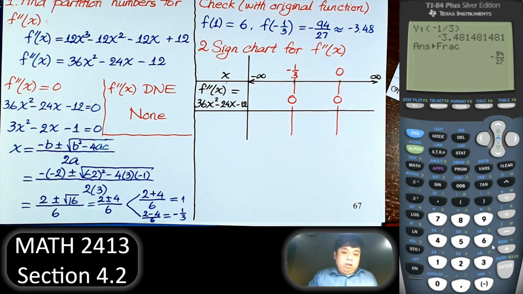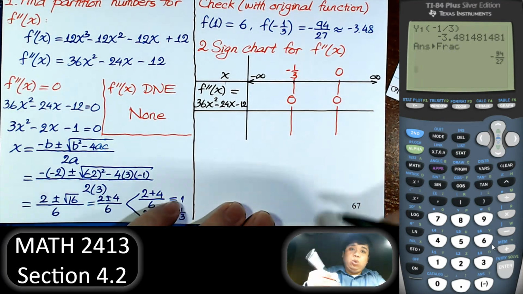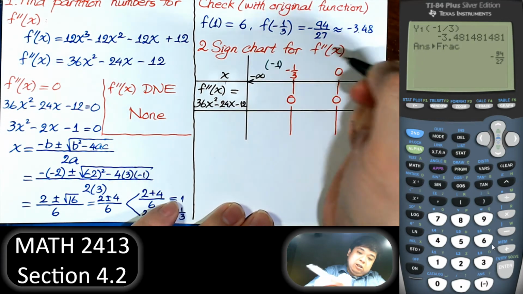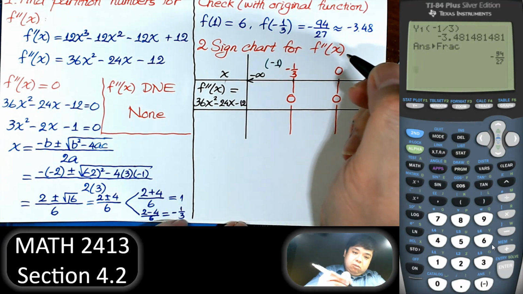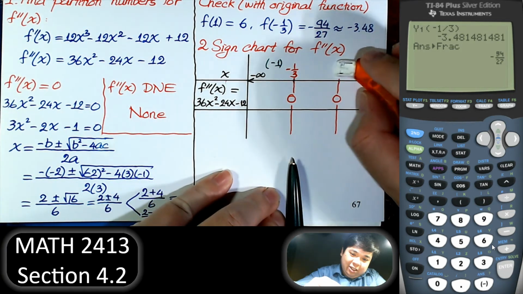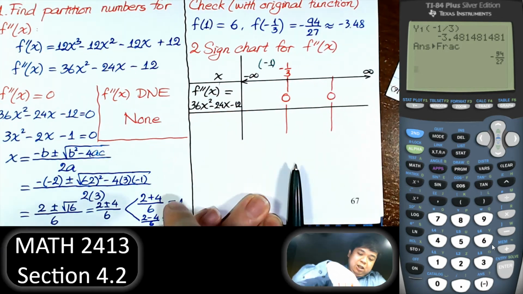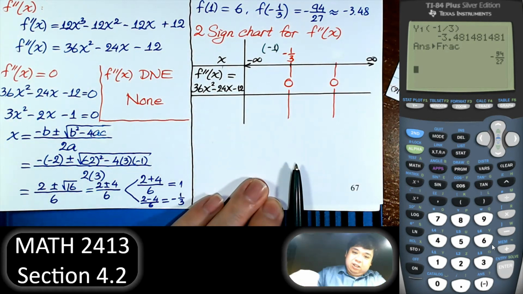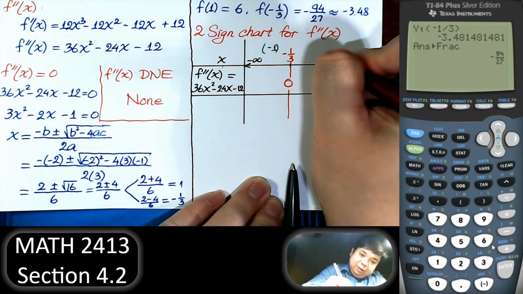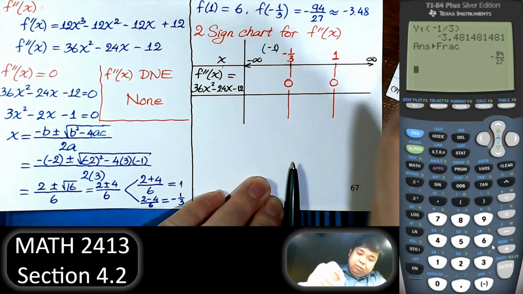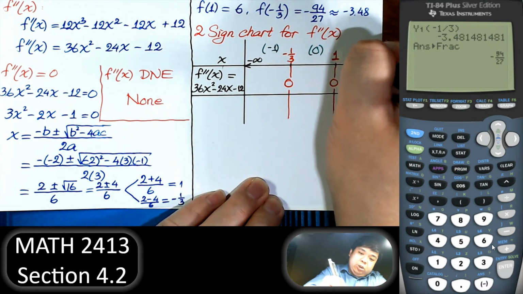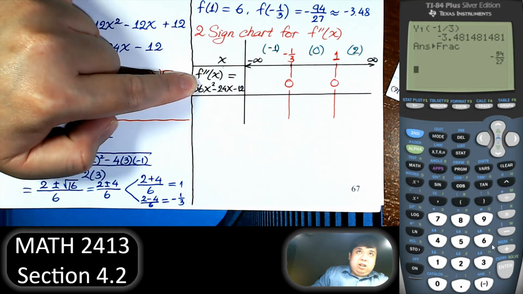Now the test point. The test point in between the interval, I will choose negative 1. It's not 0. The points are 1 and negative 1/3, right? So I will choose 0 in between and then 2. And then put in the second derivative.